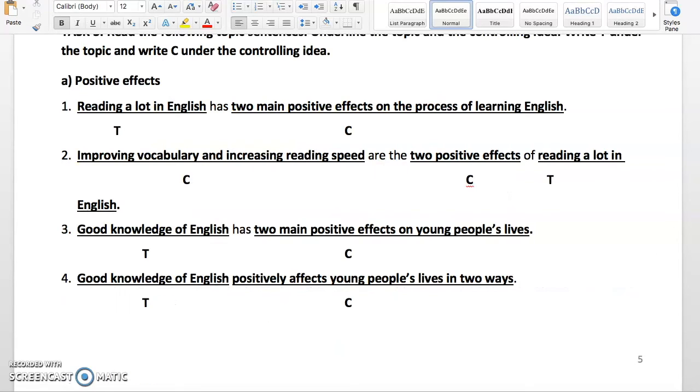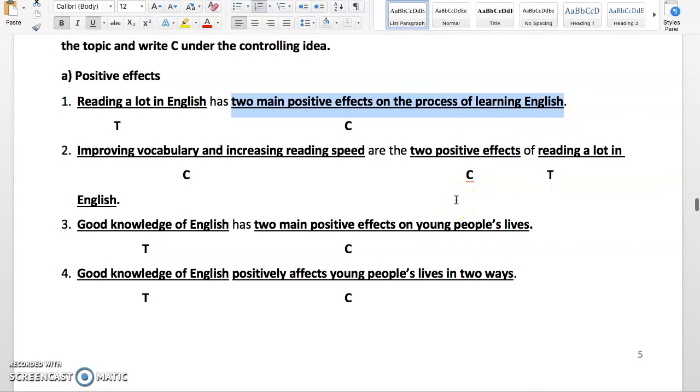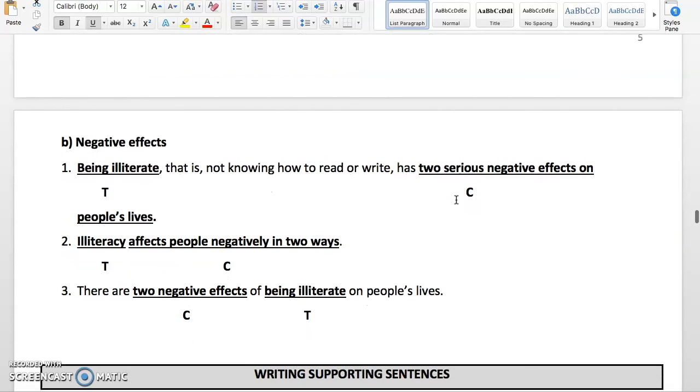Here are the answers. These are all very nice topic sentences. So in your own paragraphs too, please make sure that your topic sentences have a topic and a controlling idea in them. Okay. And these are the negative effects.